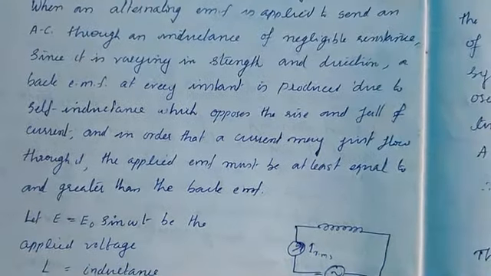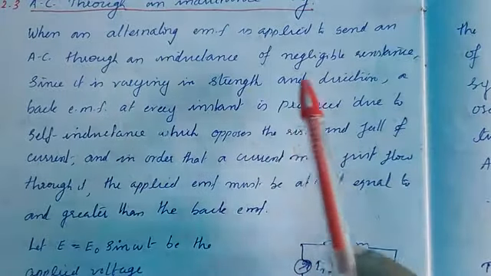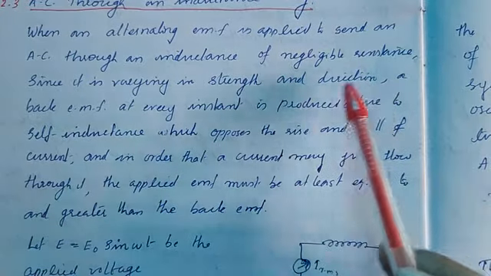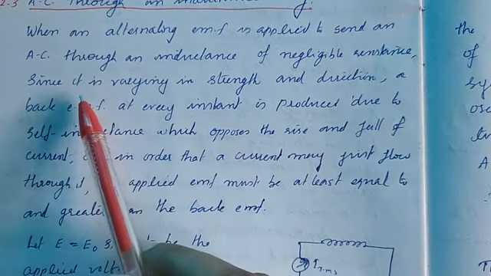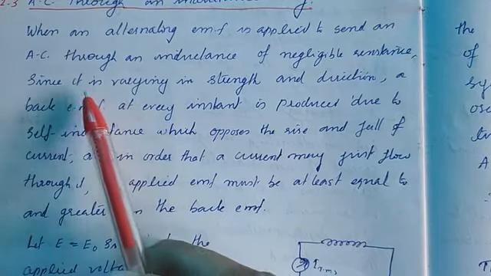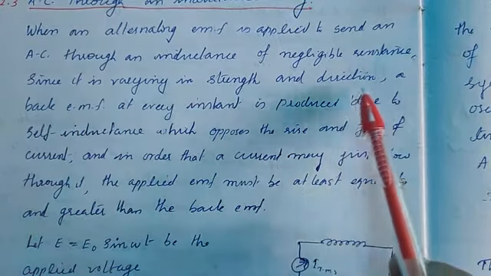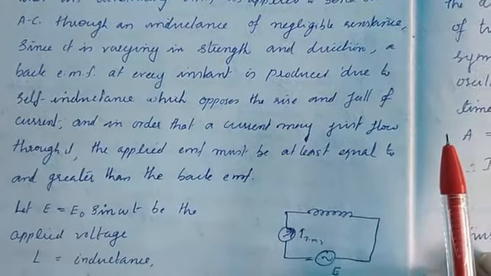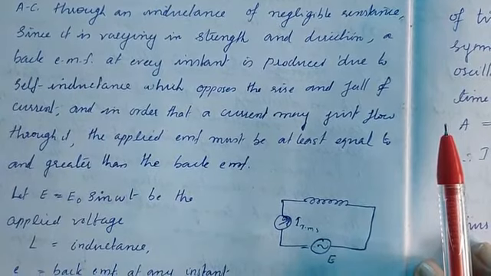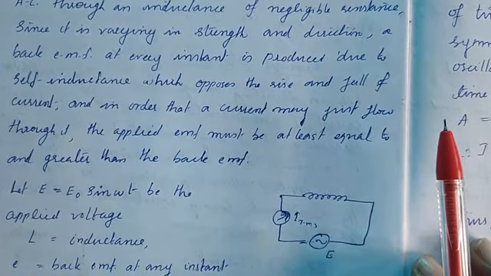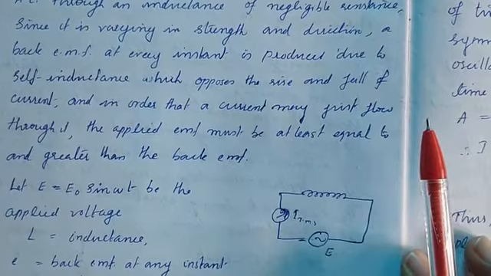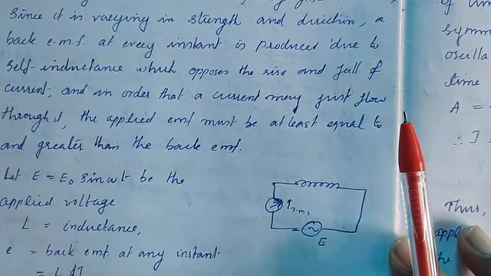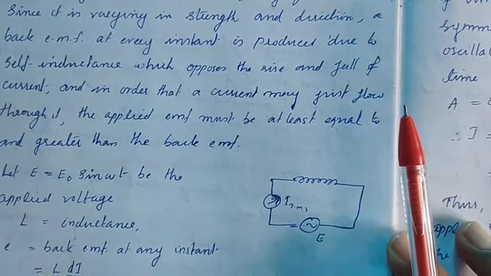When an alternating EMF is applied to send an AC through an inductance of negligible resistance, since it is varying in strength and direction, a back EMF at every instant is produced due to self-inductance, which opposes the rise and fall of current. And in order that a current may just flow through it, the applied EMF must be at least equal to and greater than the back EMF.